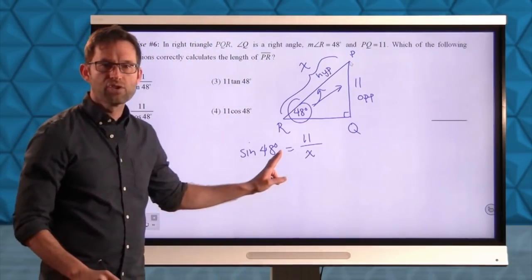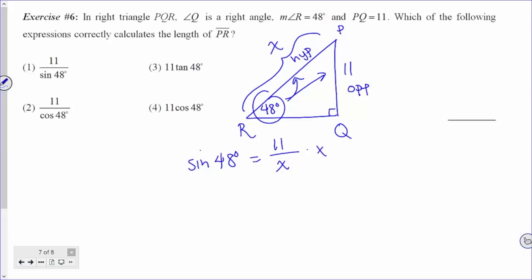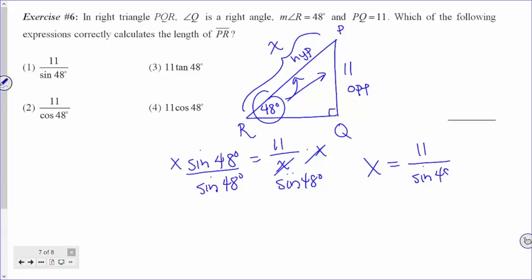Again, slightly more challenging because what I'm solving for is in the denominator, but I could multiply both sides by x, cancel that out, divide both sides by the sine of 48, and I find that x is equal to 11 divided by the sine of 48 degrees.